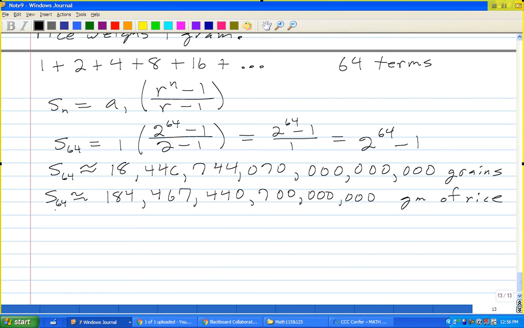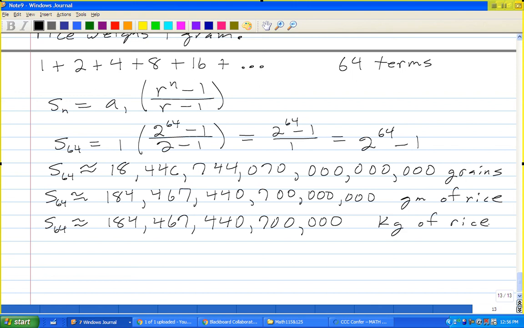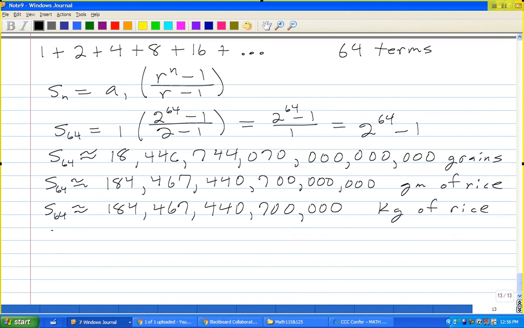So let's do kilograms. So this is 184 467 440 700 kilograms, because there's 1,000 grams in a kilogram. So that's kilograms of rice. Let's do metric tons. And so that would be approximately 184 467 440 700 metric tons of rice.